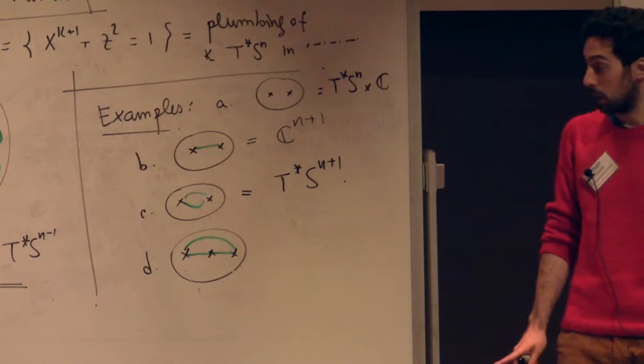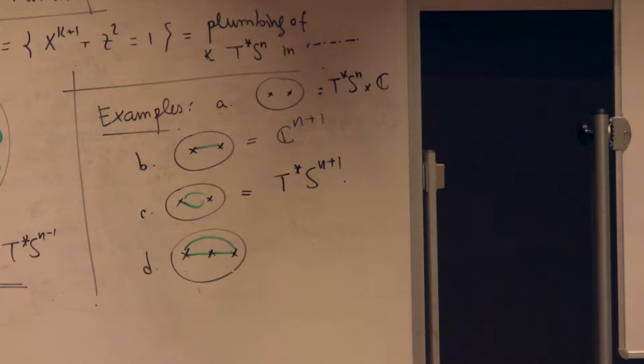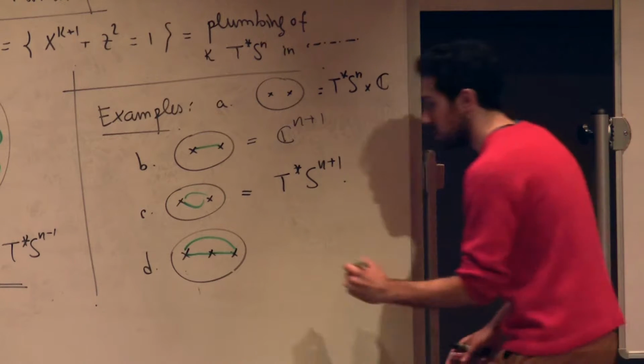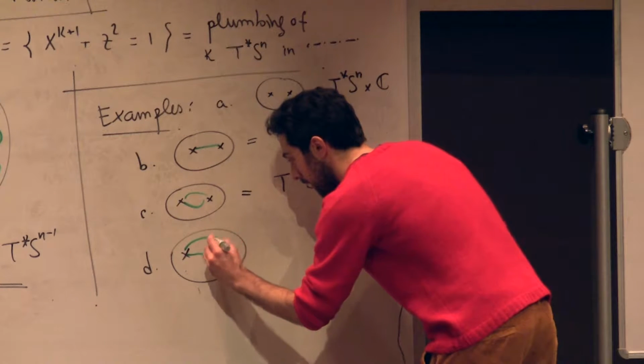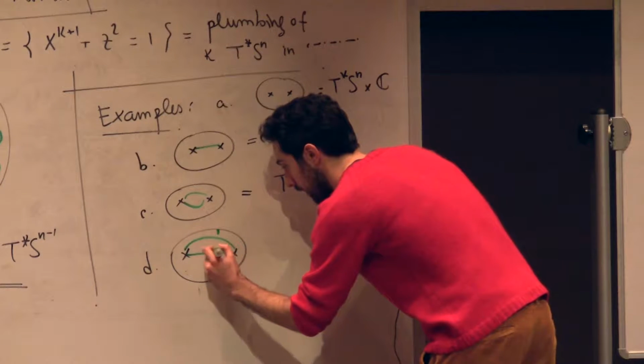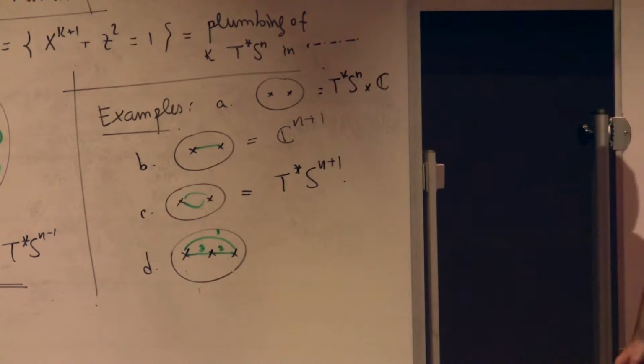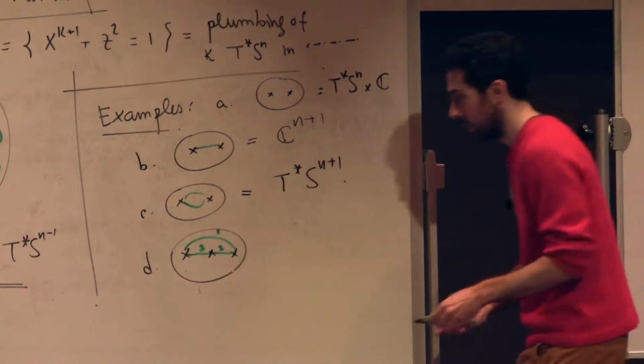It's important that there's an order in those guys, because this is oriented like that, I have to tell you the orientation, and so give the ordered set of vanishing cycles. So let me just say that I first attach that guy, and then this guy, and then this guy. Okay? So can somebody tell me the smooth type of this?